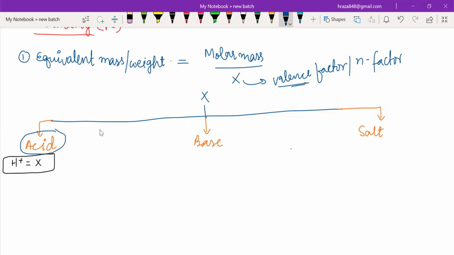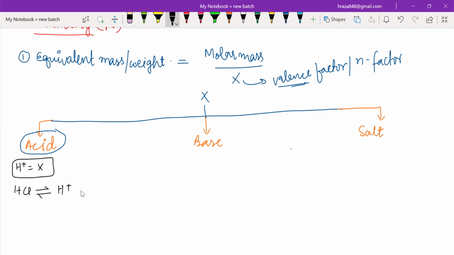See, what is X for acid? Can you recognize whether it is acid, base, or salt? Yes, sir. See, how to calculate the value of X if it is acid? X is equal to the number of H plus the acid gives. If HCl is there, how many H plus will HCl give?